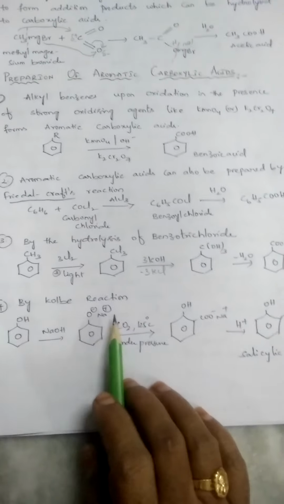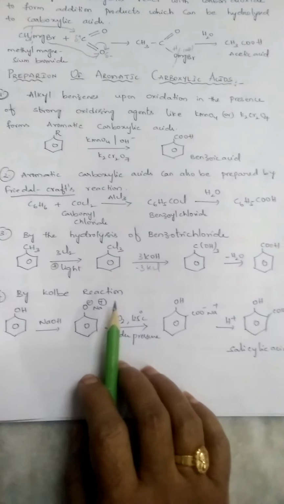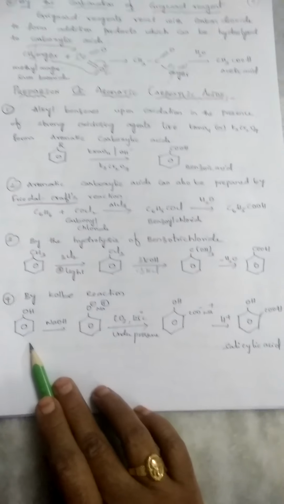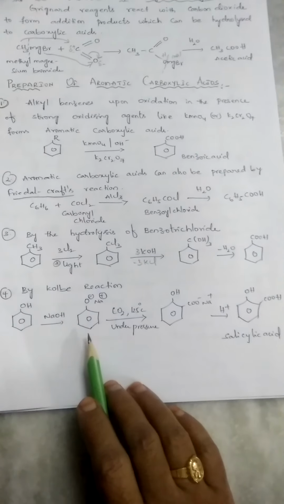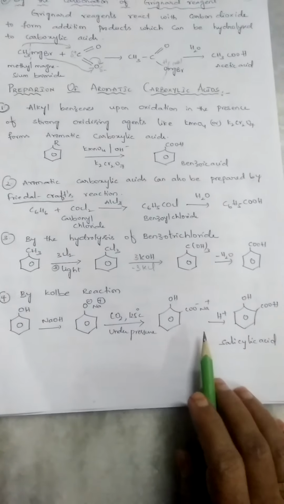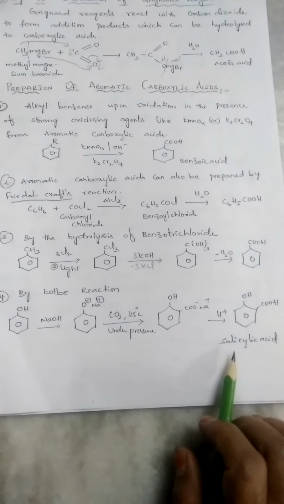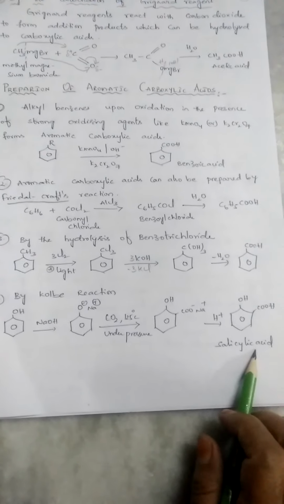Next one is the Kolbe's reaction. Even this reaction you came across in your previous semester. Phenols, upon reaction with carbon dioxide at 125 degrees centigrade under alkali presence, you will get salicylic acid. So up to here we discussed the preparations of aliphatic carboxylic acids as well as aromatic carboxylic acids.